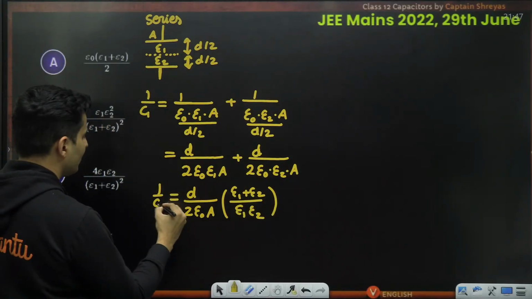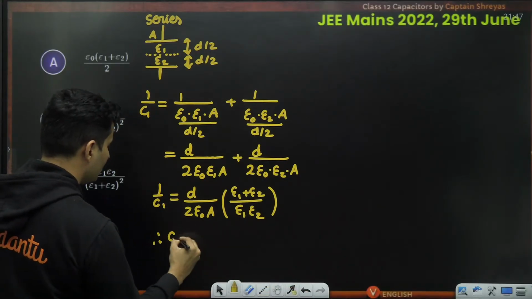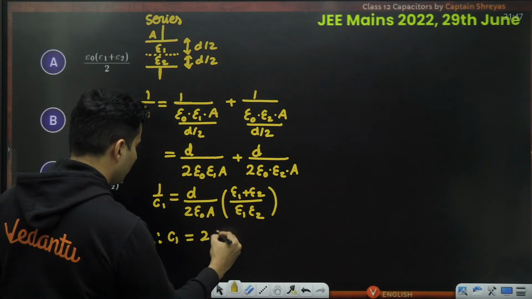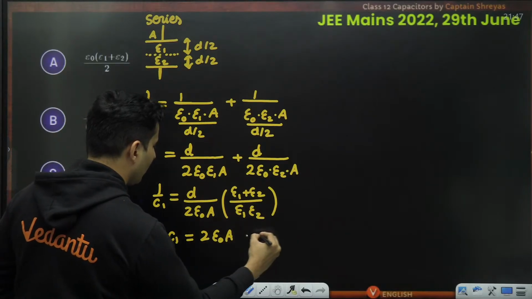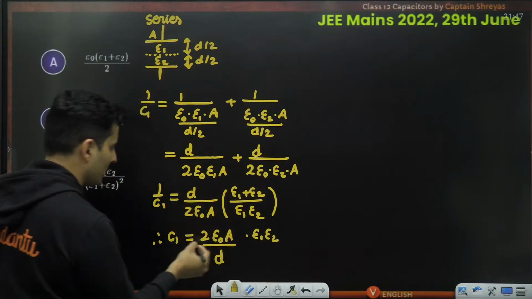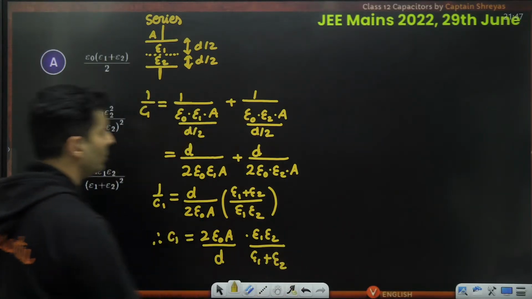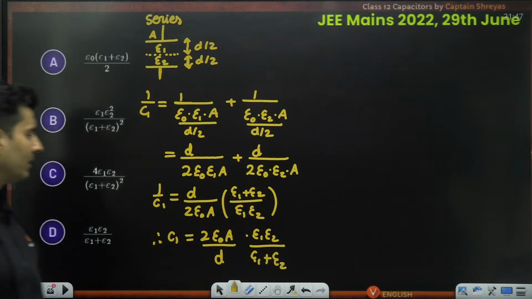That is 1 by C1. Therefore, C1 will be 2 times epsilon naught A into epsilon 1 epsilon 2, divided by D, because I have taken the reciprocal, divided by epsilon 1 plus epsilon 2. That is what I will get.